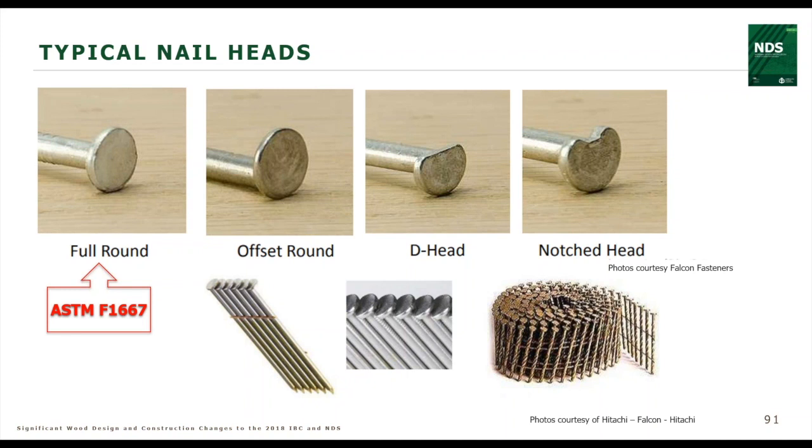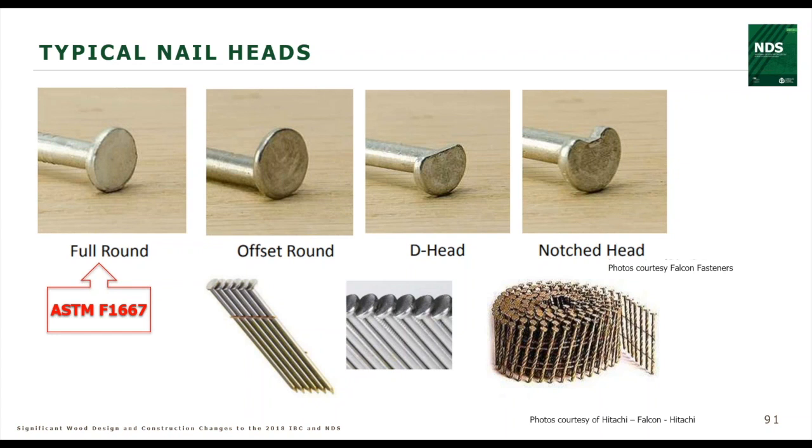So the provisions in the NDS will apply to other fasteners, and there is language in the NDS that says you can use other fasteners besides what is in the NDS. You just have to provide design values from the manufacturer, an evaluation service report, something like that.